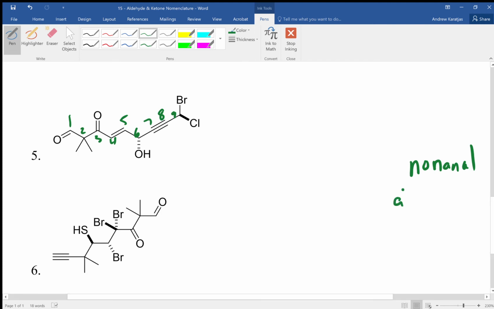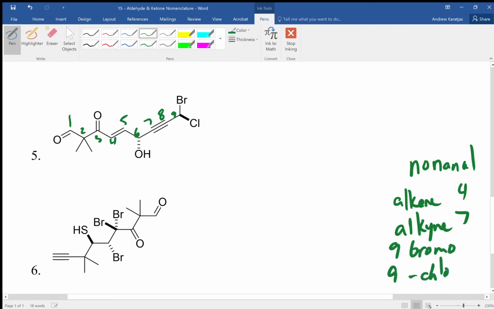We have an alkene at 4. We have an alkyne at 7. We have a bromine at 9. We have a chlorine at 9. We have an alcohol at 6. Because that alcohol becomes a substituent, we call it hydroxy. The ketone at 3 will also be named as a substituent because of the aldehyde that's present, so that's 3-oxo. And then we have 2,2-dimethyl.